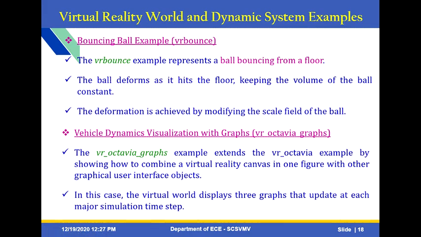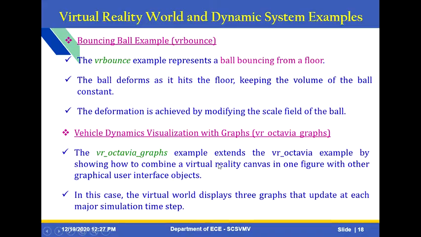virtual world editor window. You can combine the virtual window, the virtual editor, and also you can call the VRML file by using this VR sync application in the MATLAB Simulink window. Here is another example we are going to see: vehicle dynamics with visualization with graphs.